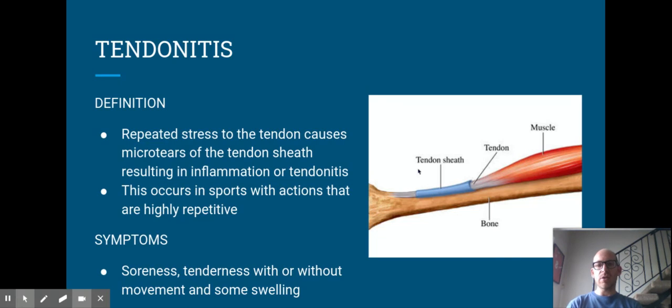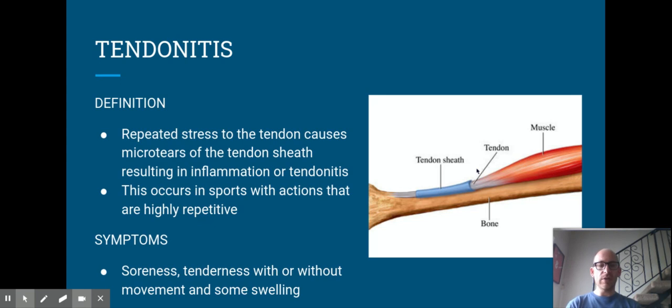Now, tendonitis occurs when you have repeated overuse of a muscle and tendon, causing this inflammation and lots of little tiny tears within the tendon. This occurs in sports with a really highly repetitive action. So you want to think about a pitcher who's constantly throwing and contracting that muscle at max effort.